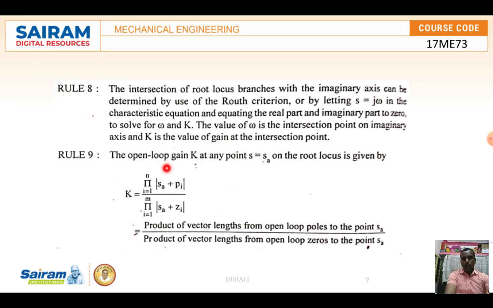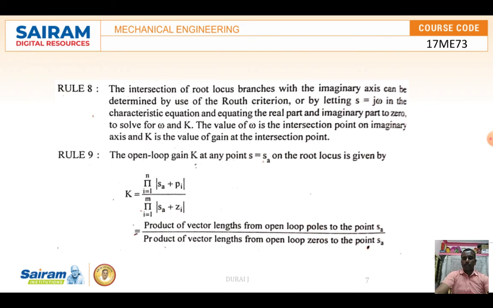Then find the open loop gain K. At a point s equal to sa on the root locus, it is given by K equal to the product over i equal to 1 to n of modulus of (sa plus pi), divided by the product over i equal to 1 to m of modulus of (sa plus zi).